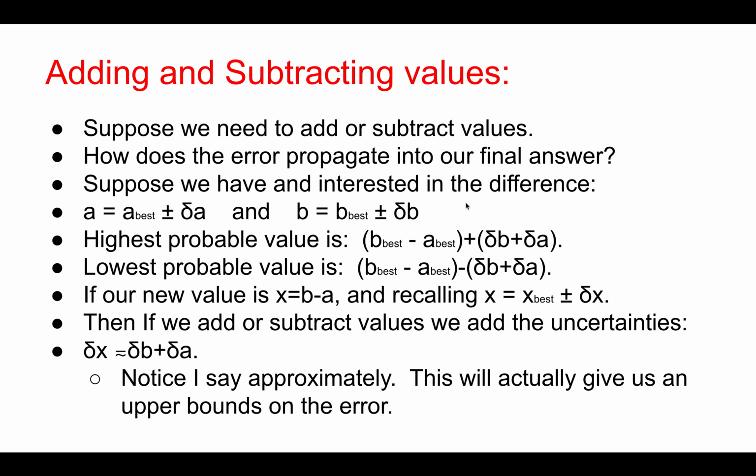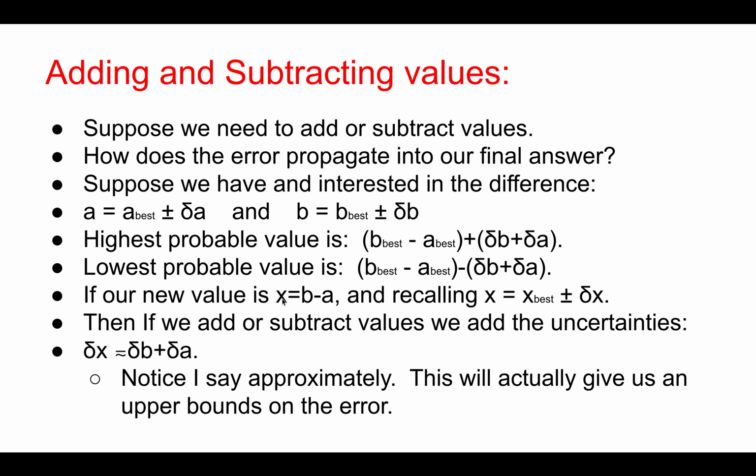Okay? So the highest probable value, and let's say we want the difference, B minus A. So the highest probable value, B best minus A best, would be adding the uncertainties, adding the uncertainties to B minus A. The lowest probable value is B minus A minus the sum of the uncertainties.